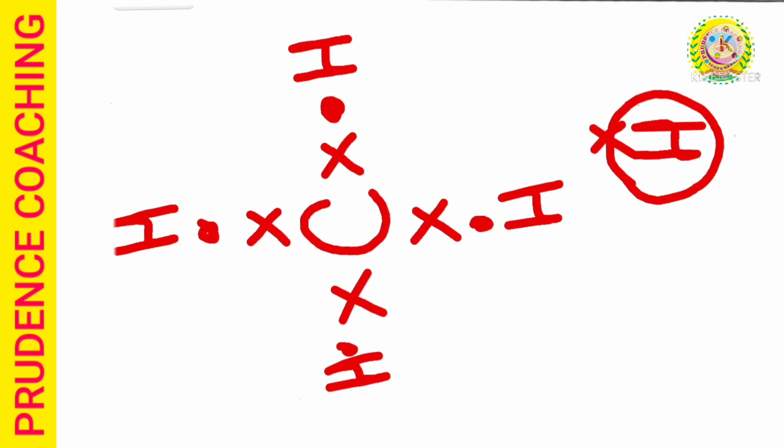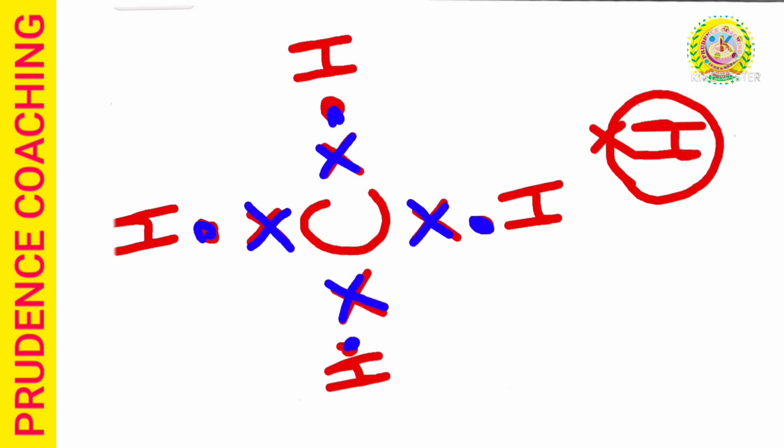Now if this carbon and hydrogen share the electrons among themselves, how many electrons will be there with carbon? As you can see here, 1, 2, 3, 4, 5, 6, 7, 8. That means carbon is having 8 electrons in the outermost shell now after sharing its electrons with the electrons of hydrogen.